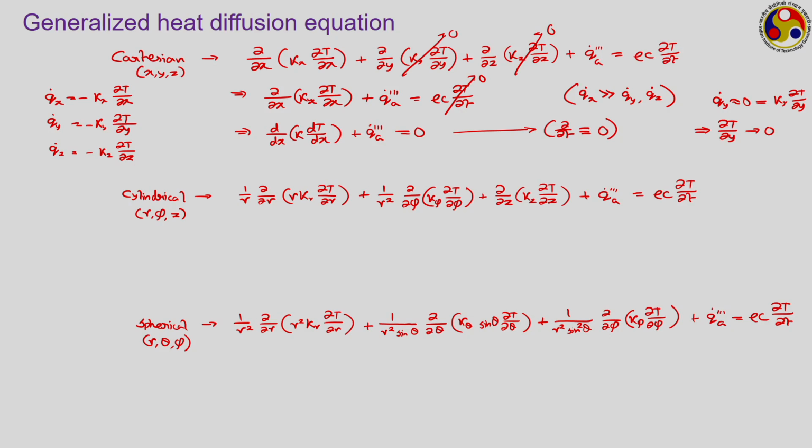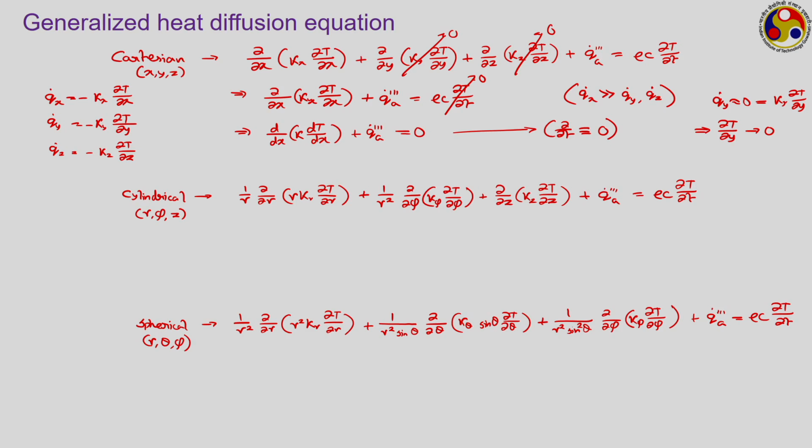Now, when is that possible? One possibility is that there is a uniform temperature field acting in the y direction. The other possibility is that the length scale in the y direction itself is extremely large compared to the length scale in the x direction.